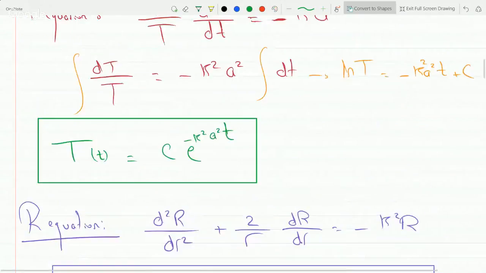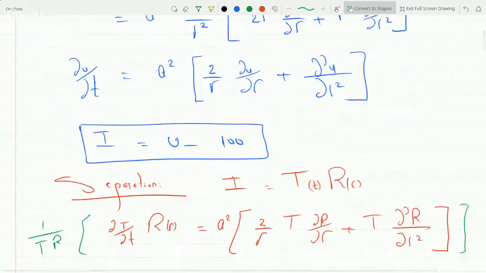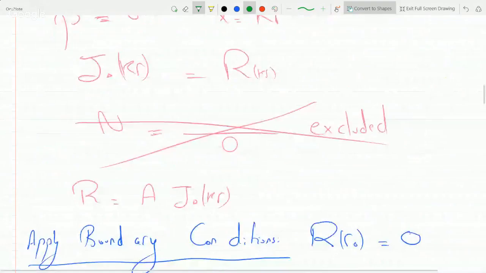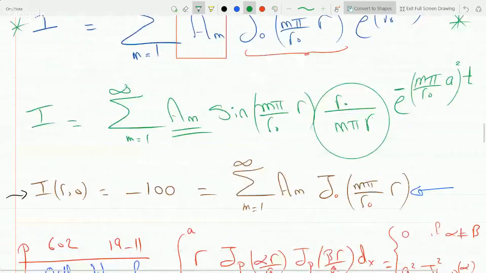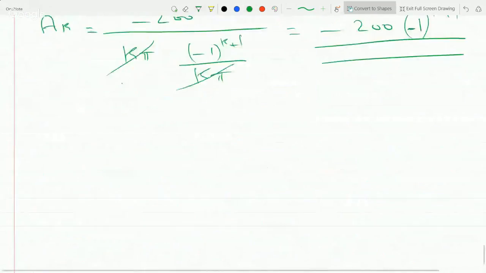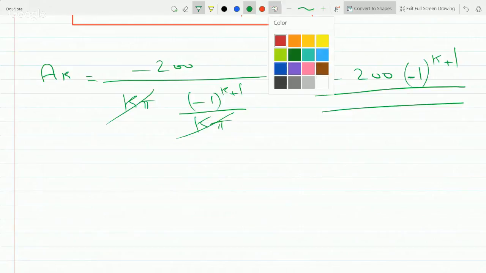And originally I started by saying I is u minus 100, and the objective is to get to u, not I. So u will be I plus 100. So let's write this in this color.